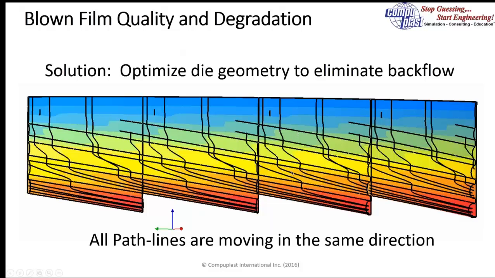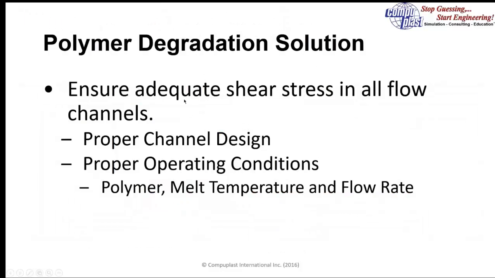So, in order to avoid degradation, we need to ensure adequate shear stress in all flow channels, which means first proper channel design and then also proper operating conditions. Because if a channel is designed for 200 pounds an hour and you're running it at 100 pounds an hour, it's quite likely the shear stress will be too low and you may expect problems.